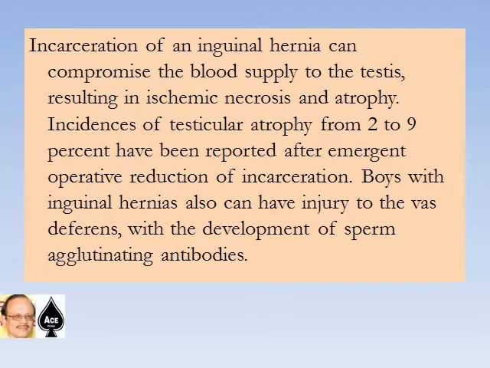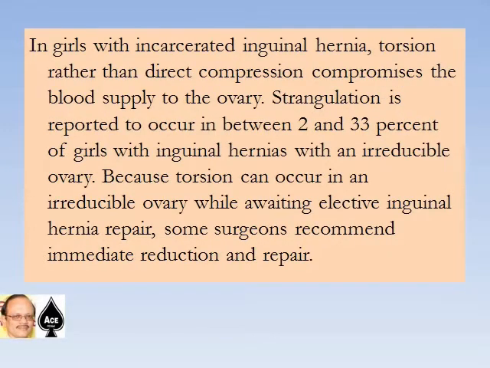Boys with inguinal hernia also can have injury to the vas deferens with the development of sperm agglutinating antibodies. In girls with incarcerated inguinal hernia, torsion rather than direct compression compromises the blood supply to the ovary.